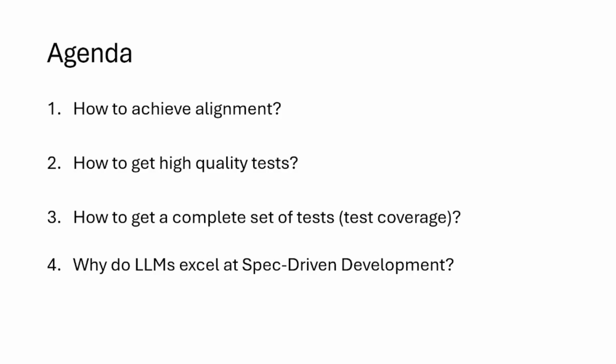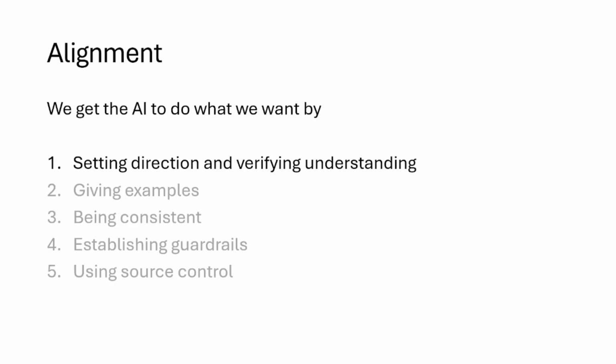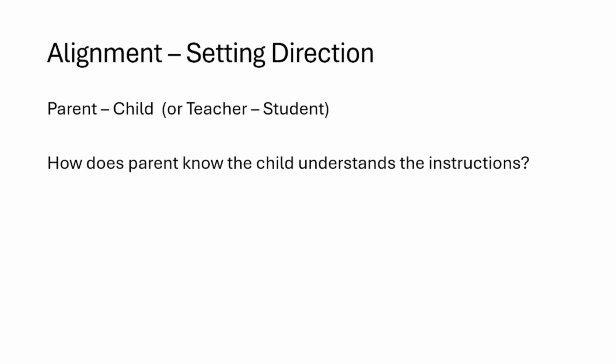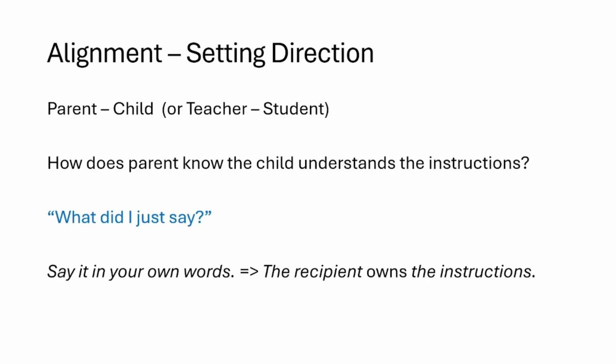So let's look at how to achieve alignment. There are several ways. The first one is setting direction and verifying understanding. So I want to take a step back and look at how parents align with children. If a parent tells a child to do a certain thing, then what I typically do is ask the child to say in their own words what the instructions were.